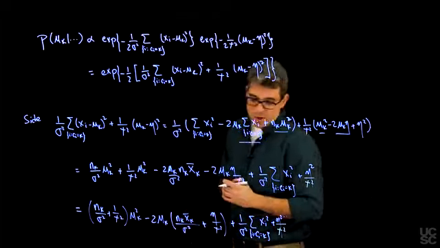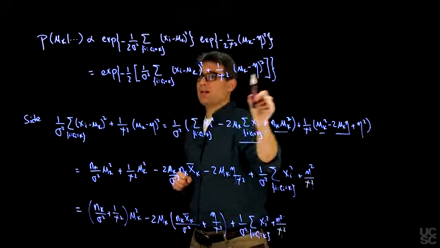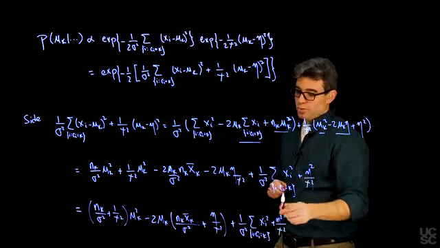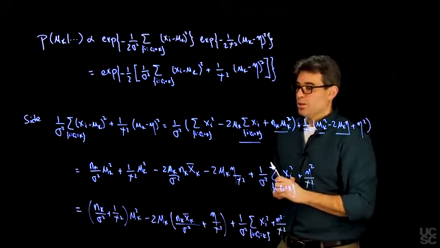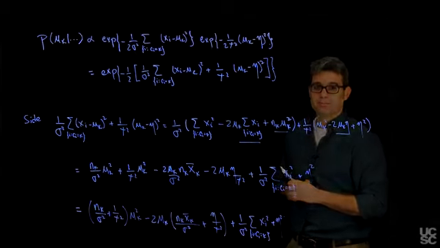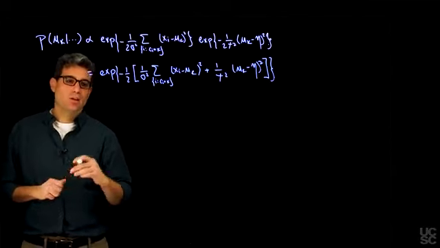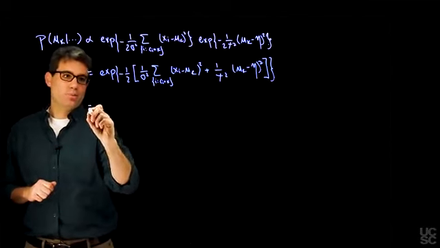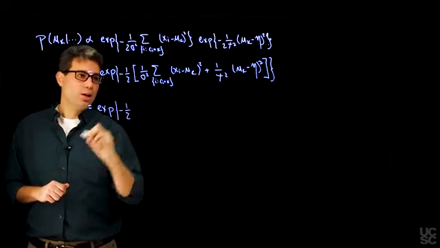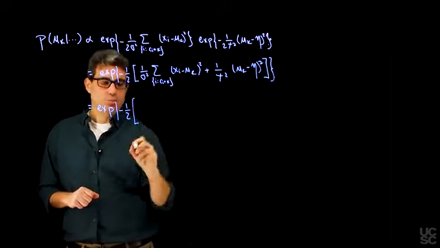So now that we have written the expression in this form, it's clear that the term inside the exponential here just corresponds to a quadratic form on mu, and we can do a completion of squares to find the expression for the full conditional of mu sub k. Using the side derivation that we just did, we can rewrite this expression as being equal to the exponential of minus 1/2 and then all the terms into which we simplify this expression.